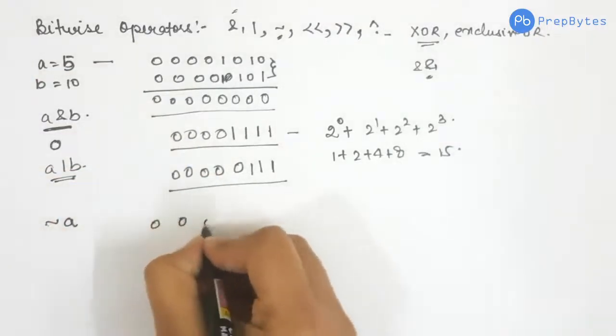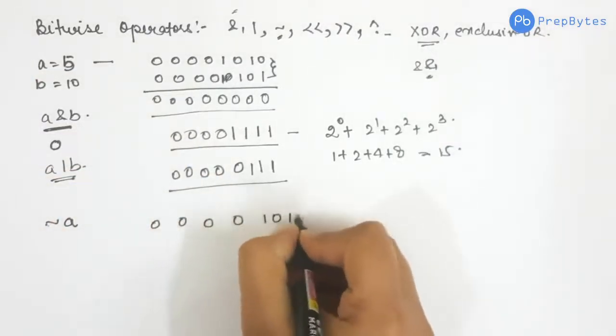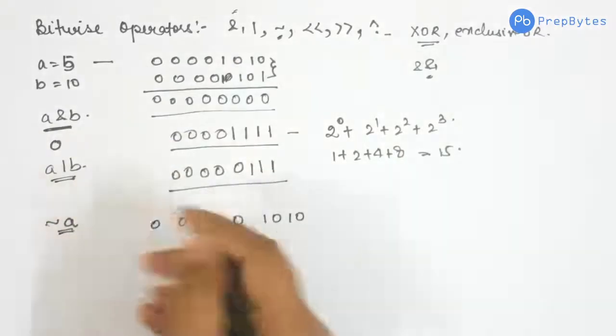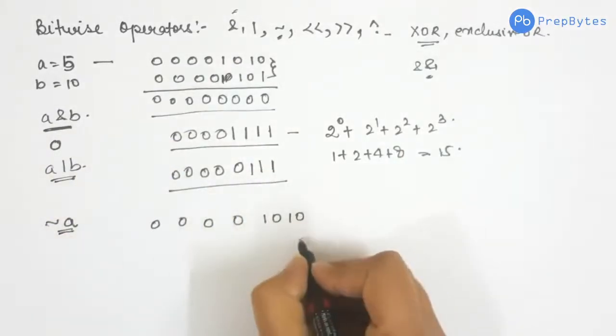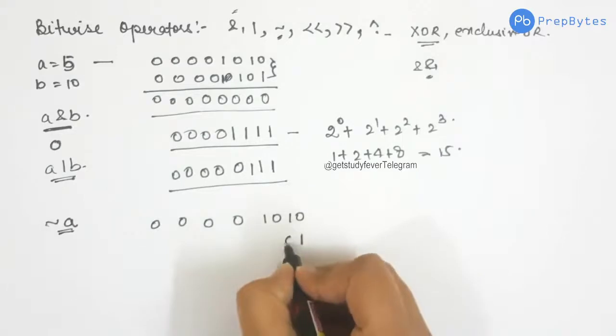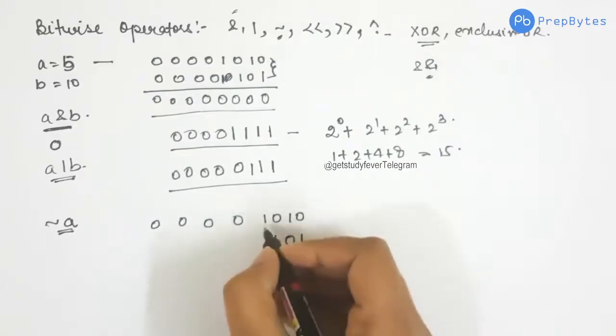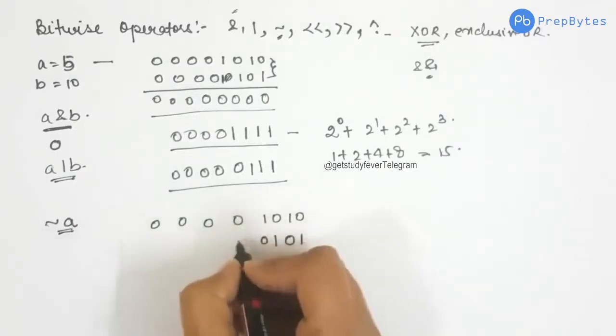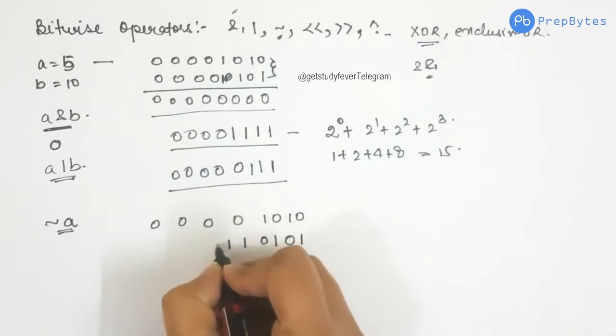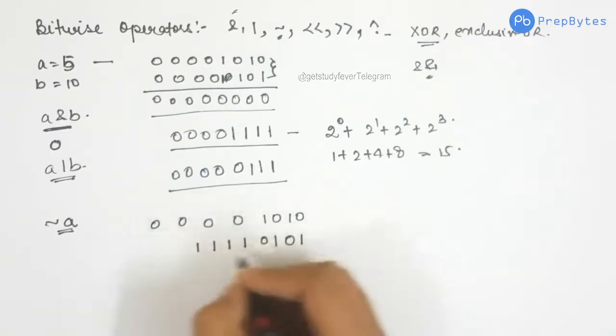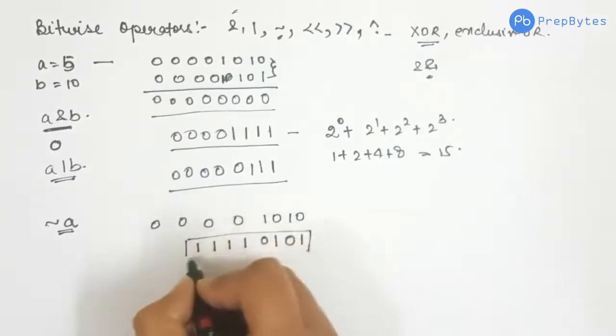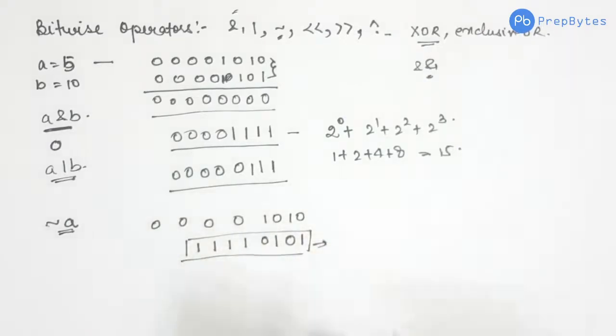So let's say this is the binary representation of A. What will negation A do? It will toggle the bits. So this 0 will be converted to 1, 1 will be converted to 0, 0 to 1, 1 to 0, and similarly all of these will be converted to 1. So this is my result. This is negation A.